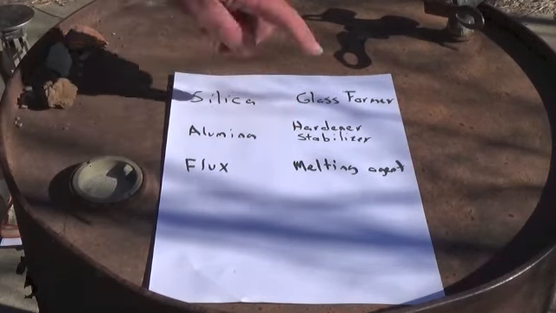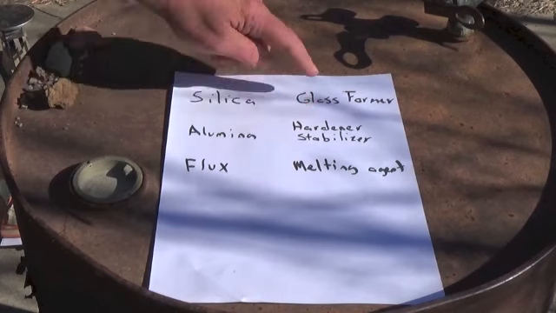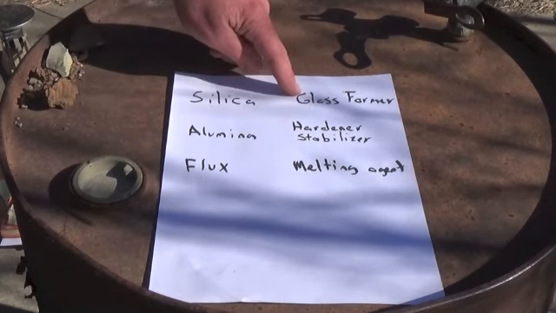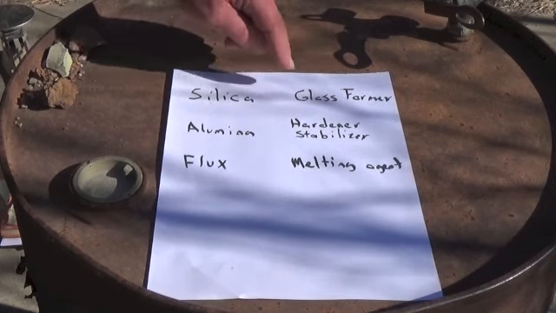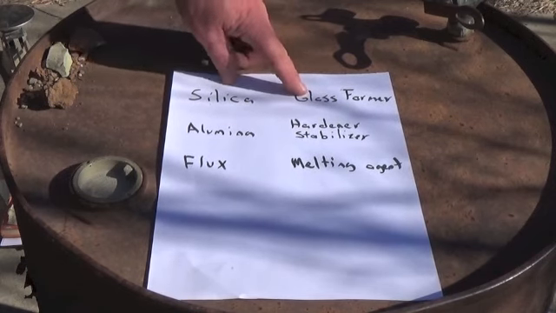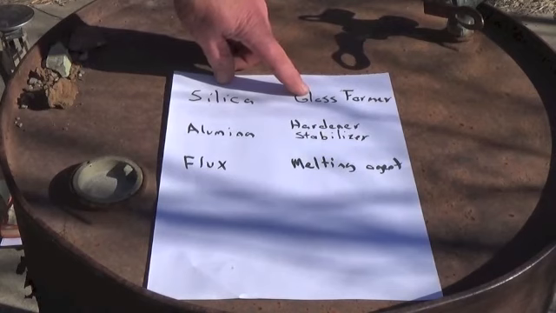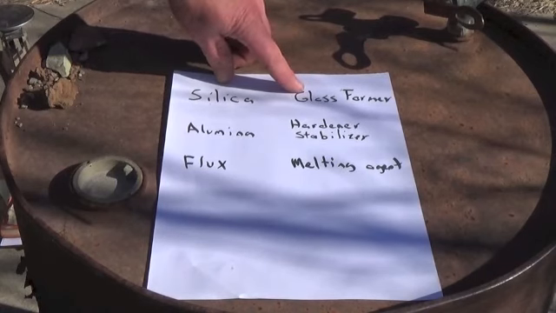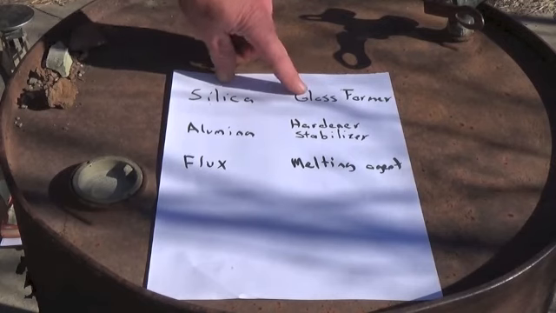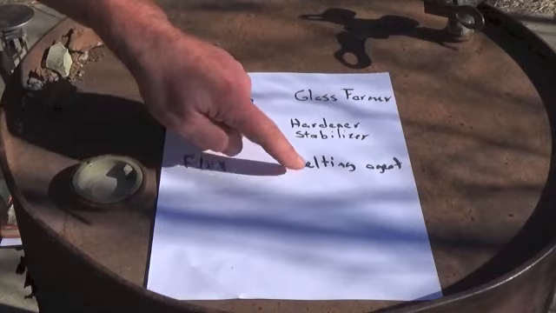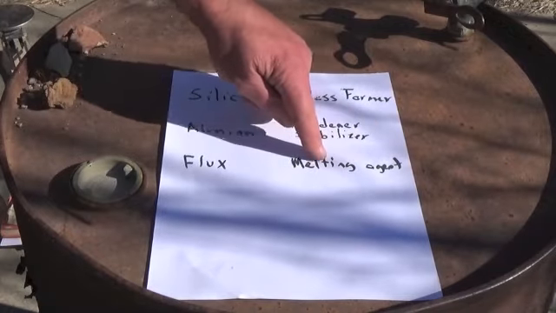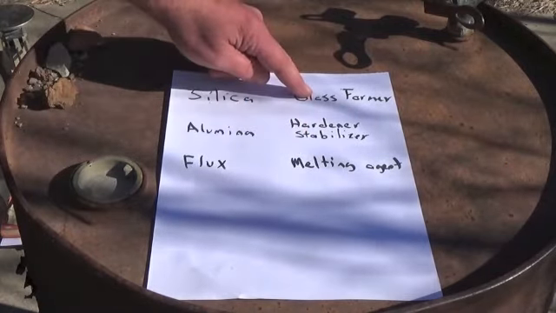Alumina helps stabilize the glaze and harden it because you need to lower the melting temperature of the silica. Silica melts at over 3,000 degrees, and it takes a really expensive kiln to fire things to that temperature. So you try to bring the temperature down with the flux, which is the melting agent, lowers the melting temperature of the glass.